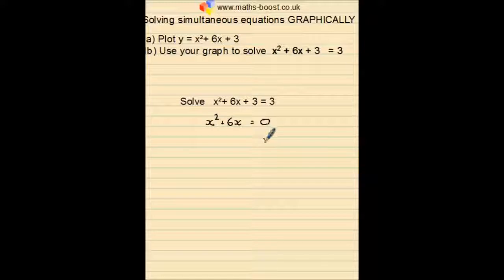However, if I know for certain that it's going to factorise, I can use that method. And that's the case here. I can see it's going to factorise very easily. And finally I have my solutions, either x equals 0 or x equals -6. Done.